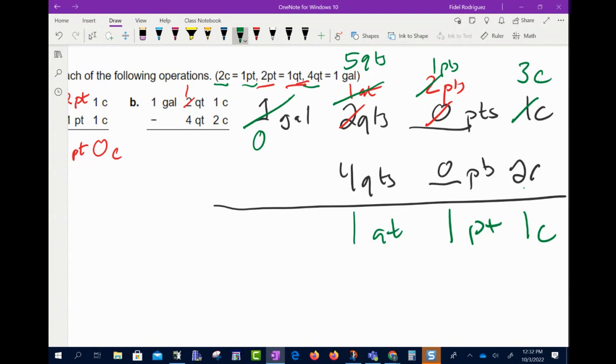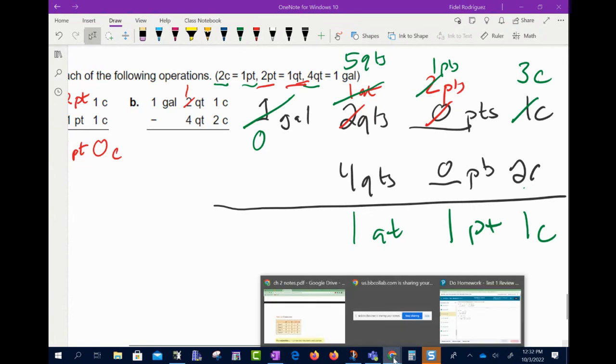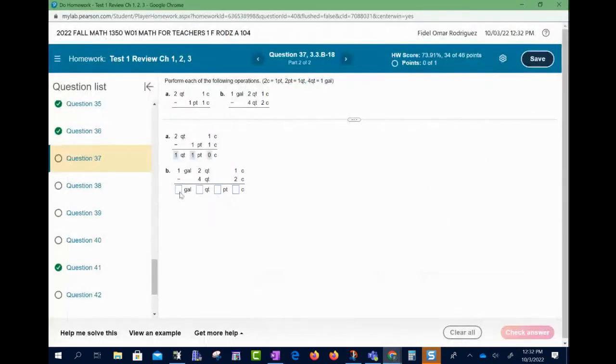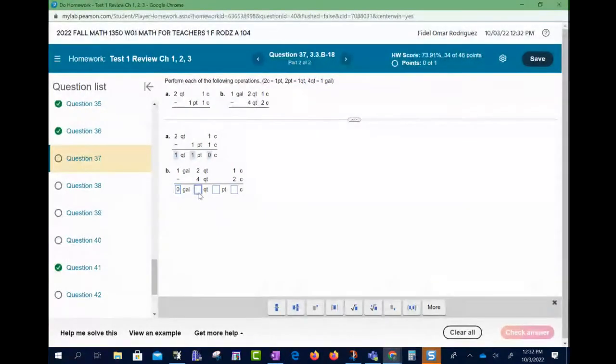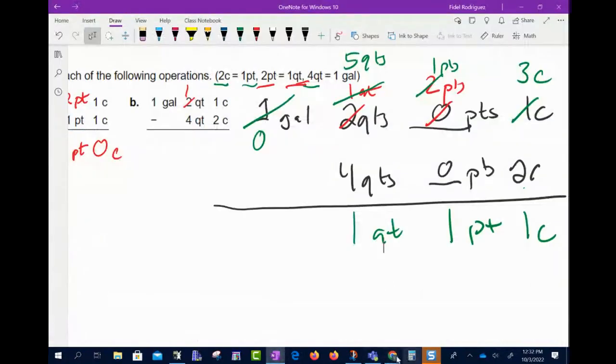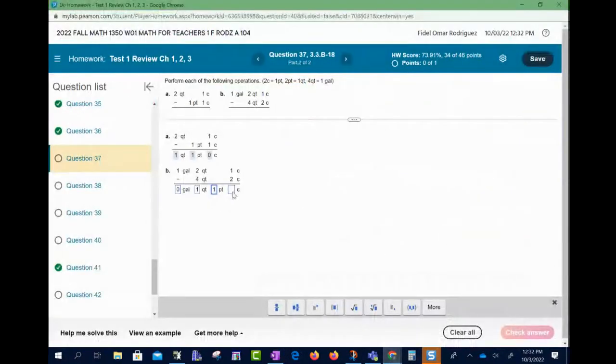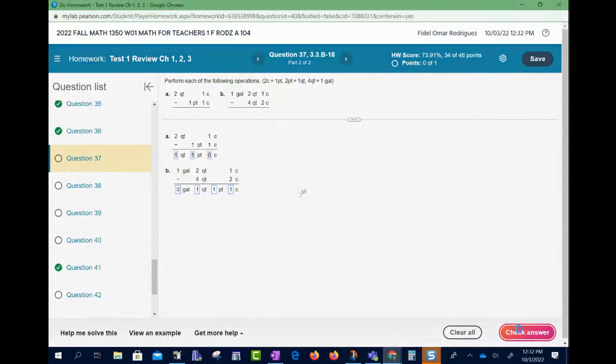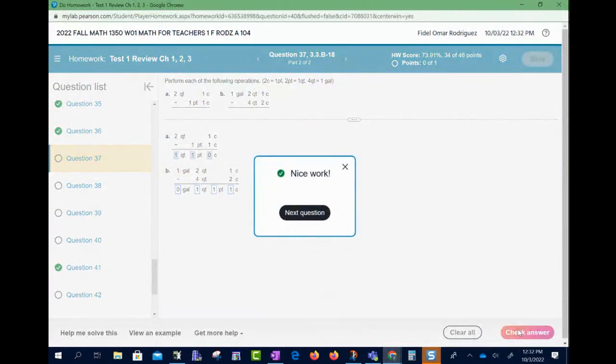So I should have 1 quart, 1 pint, and 1 cup. So let's come back over here. I have no gallons. We have 1 quart, 1 pint, and was it also 1 cup? Yeah, 1 cup. And I'm going to check, and we got it. Excellent question.